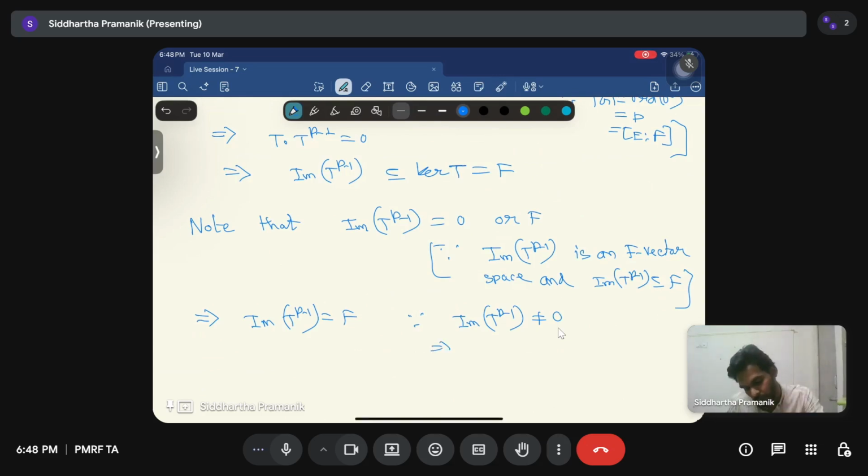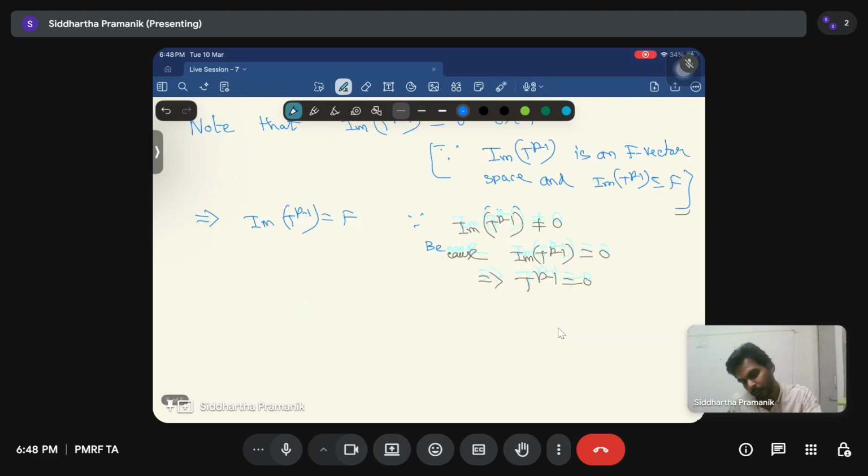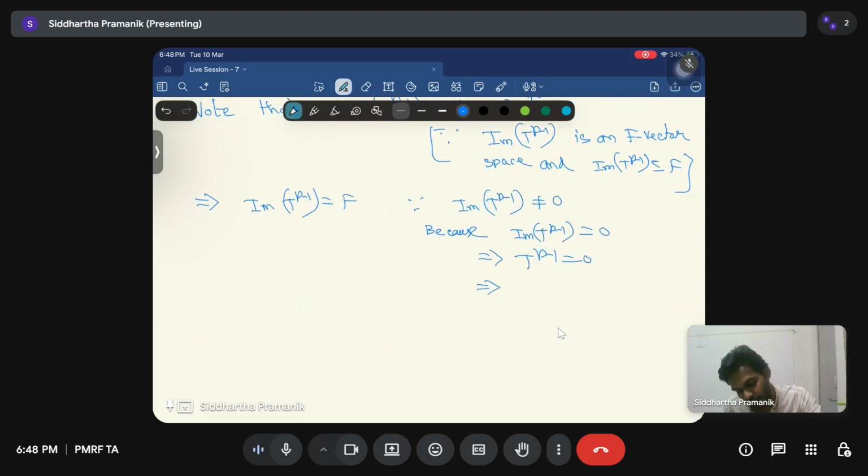Because if the image of T power P minus 1 is 0, that will imply T power P minus 1 is 0. Right? And this will give (sigma minus 1) whole power P minus 1 is 0.